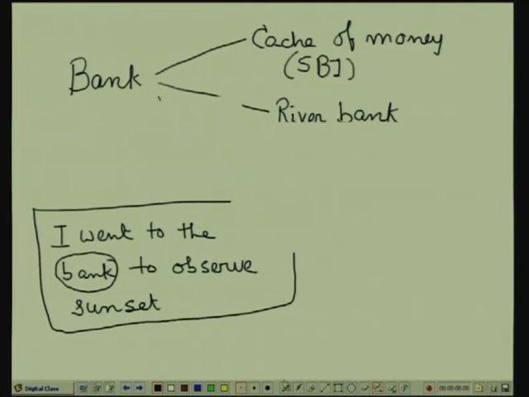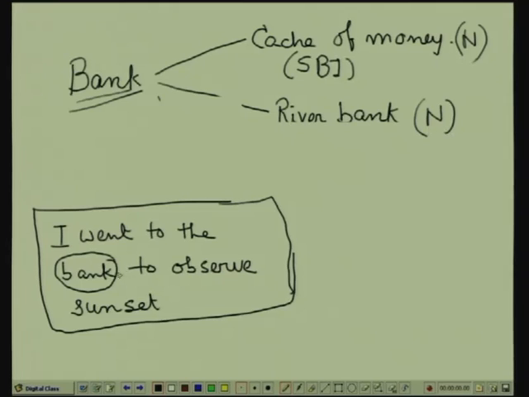Still, I am left with a problem of two possible meanings, both of them are noun, this is noun, this is also noun, and this part of speech is also noun. Now, which of these meanings should I take? Now, here I need some more knowledge in order to solve this problem. What sort of knowledge is required?